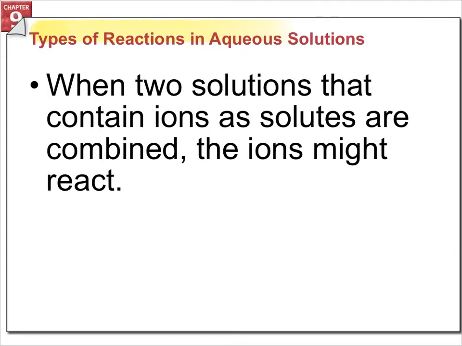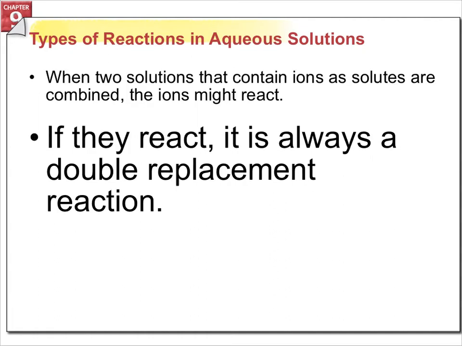When two solutes that contain ions as solutes are combined, the ions might react. So two solutions that each contain ions as their solutes, then if you think about it, they're ions already, you might have a reaction there where they can come together. If they react, it's always a double replacement reaction. So just like with the posters that you guys made today that we talked about, you have double replacement.